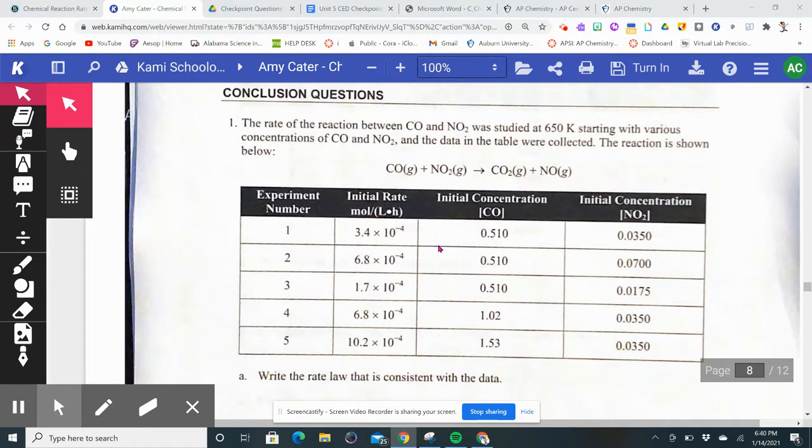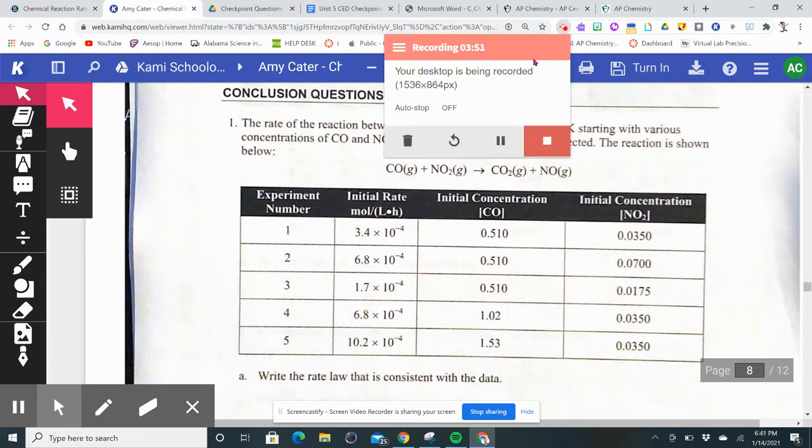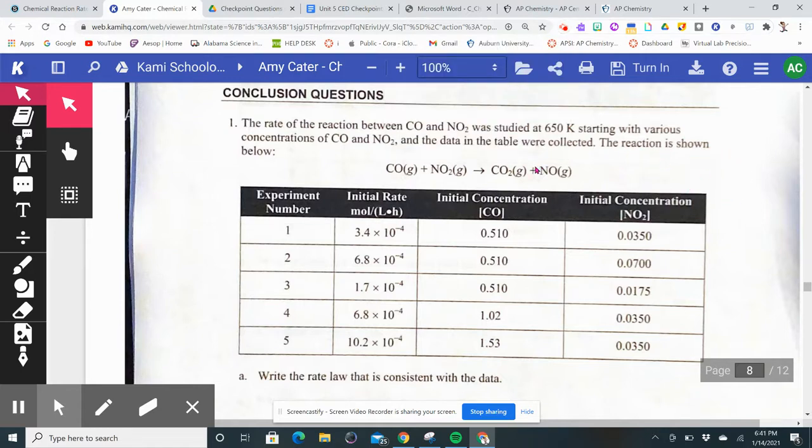Okay, so in the first one, we have a reaction rate between carbon monoxide and nitrogen dioxide. I believe we talked about this particular type of reaction in your notes. It was studied at 650 K, starting with various concentrations of CO and NO2, and the data in the table were collected.